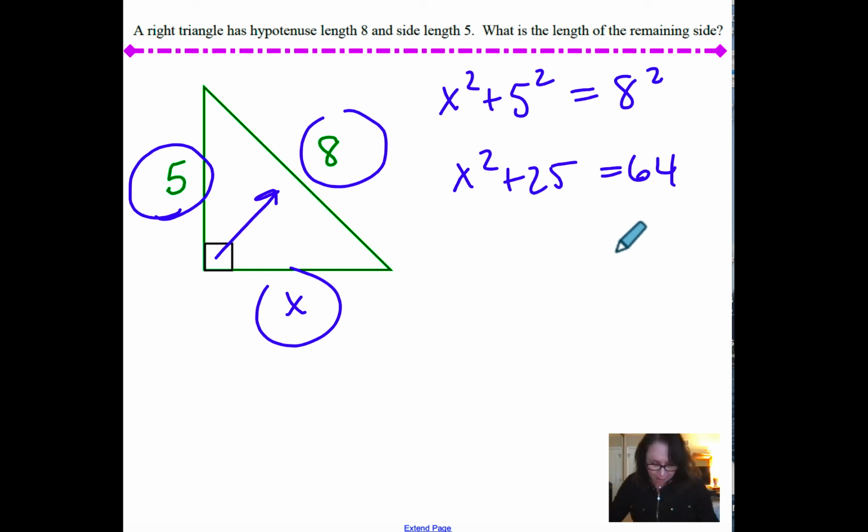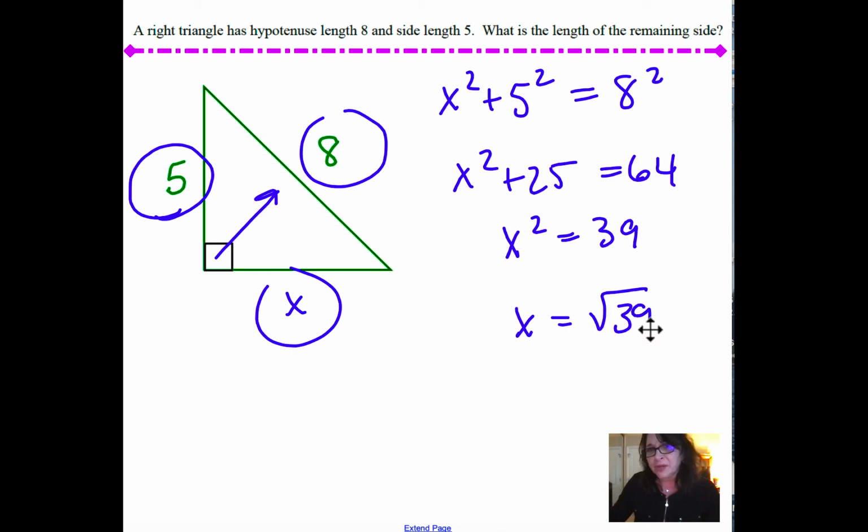I'm going to subtract. I'm going to go 64 minus 25, and I get 39. So I've got x squared is equal to 39. So x is equal to the square root of 39. So that length is root 39. And most of the time we're going to ask you for an exact value, which is this. This is an exact value for the length of x.